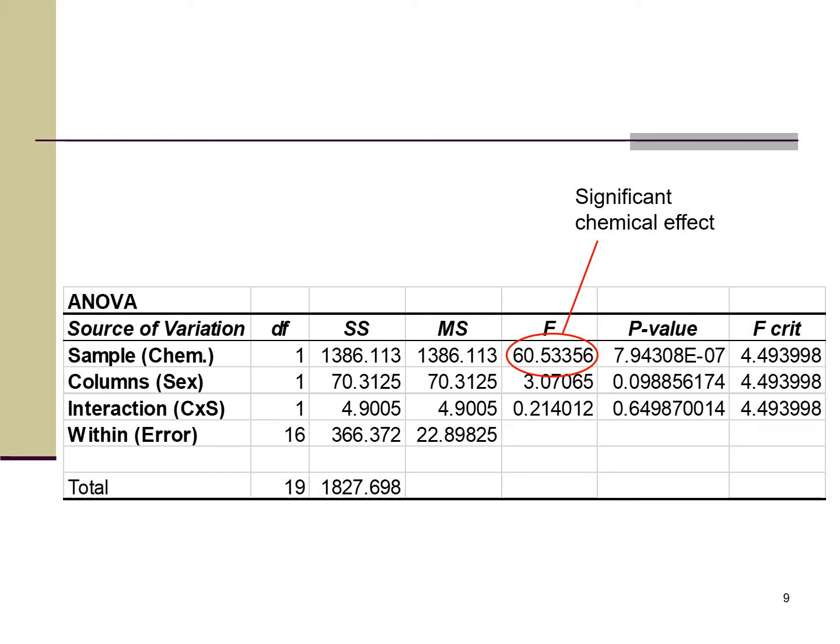We have our sum of squares, we have our mean square, and then we've calculated the ratio of the mean square to the within error mean square. So we've gotten a value of 60 for our first F statistic, and that is much larger than the F critical value we're given. So that looks like a significant chemical effect.